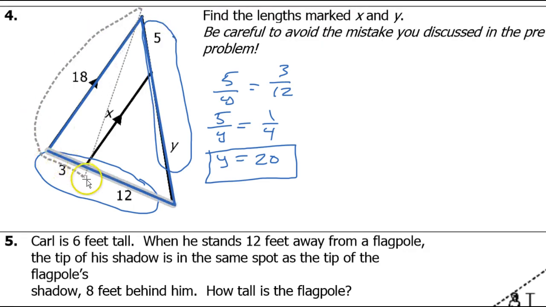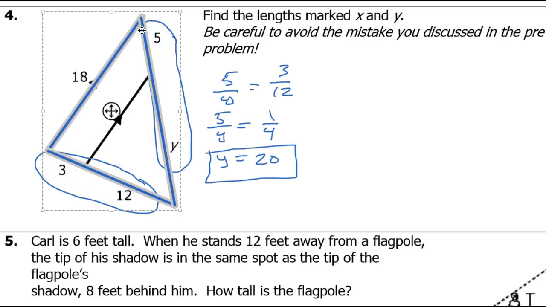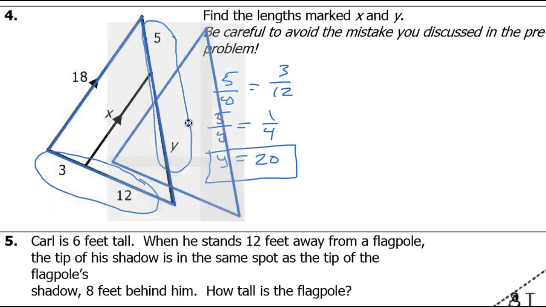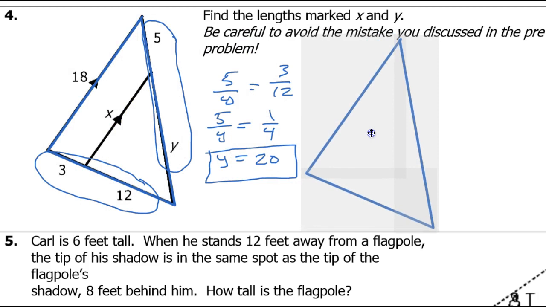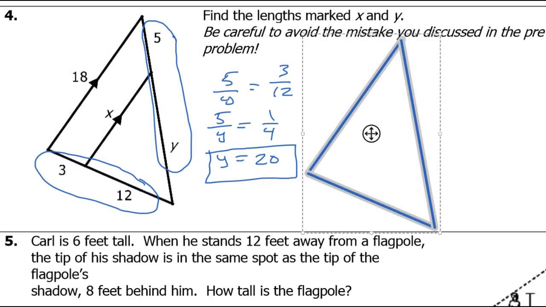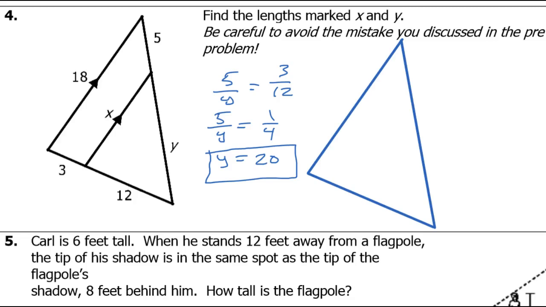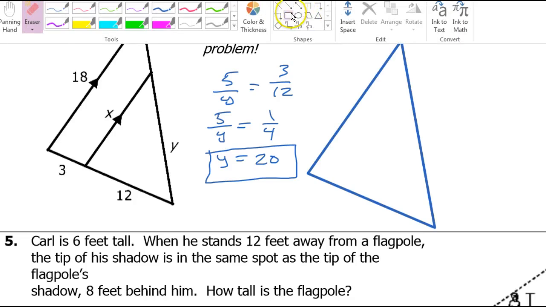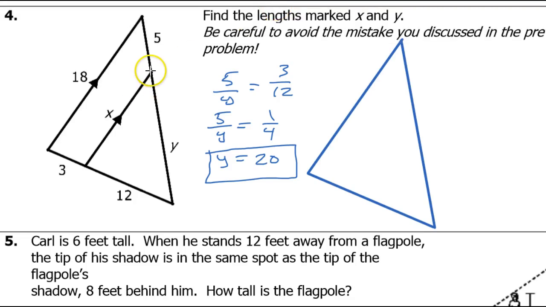All right, there's the larger triangle. And then here comes the smaller triangle. Let me erase that real quick. All right, and here's the smaller triangle.